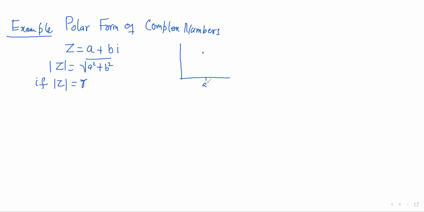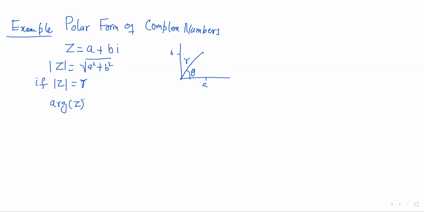So in this way we can represent this number, and when we talk about polar coordinates, this distance will be r. The angle it makes with the real axis will be theta. This angle is called the argument of z.